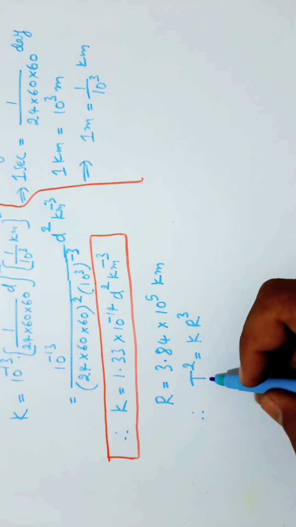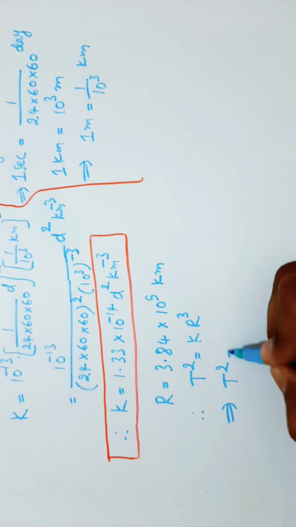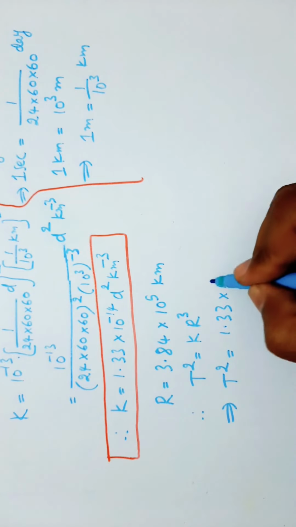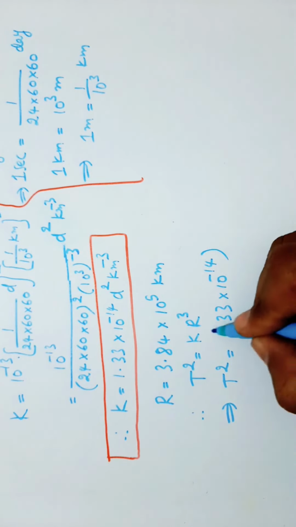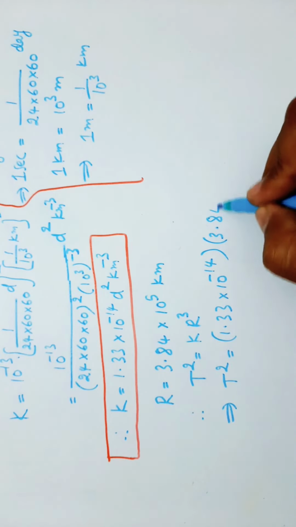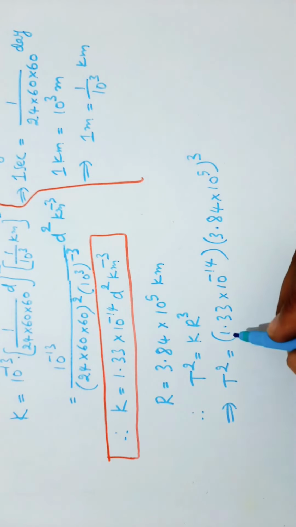From this we have to find time period of moon. T square is equal, here k is equal 1.33 into 10 to the power of minus 14, here R is equal 3.84 into 10 to the power of 5 whole cube. If we solve this, we can get T is equal 27.3 days.